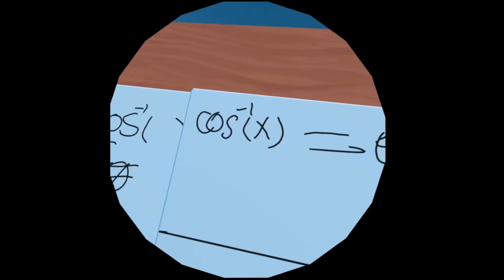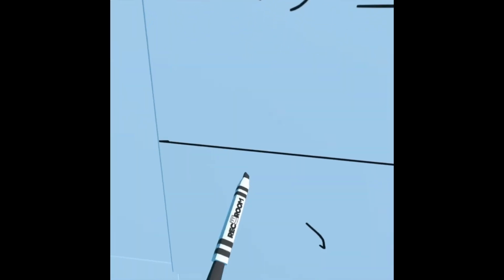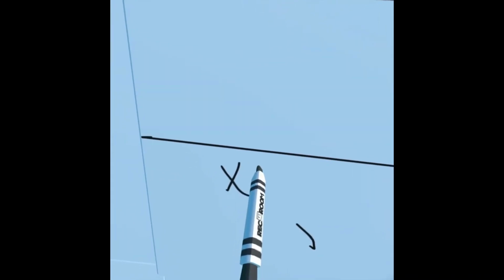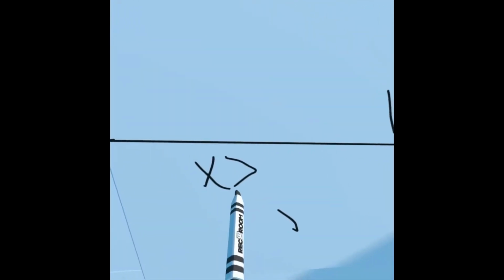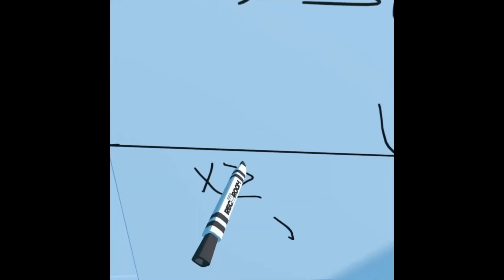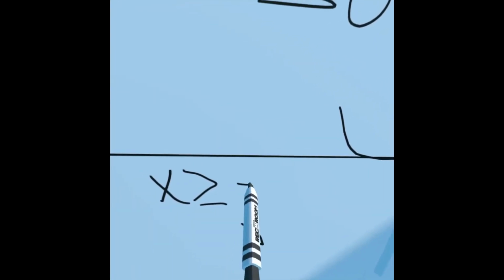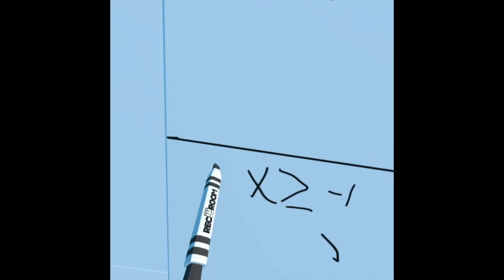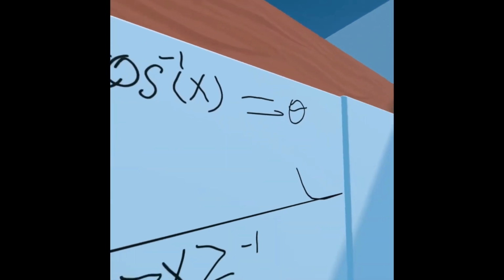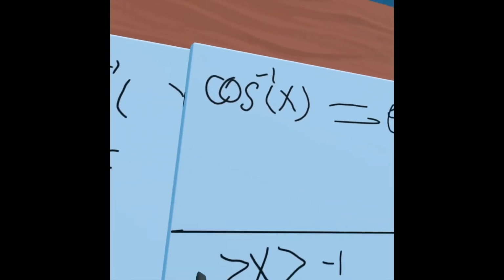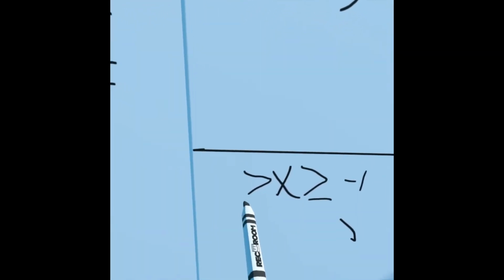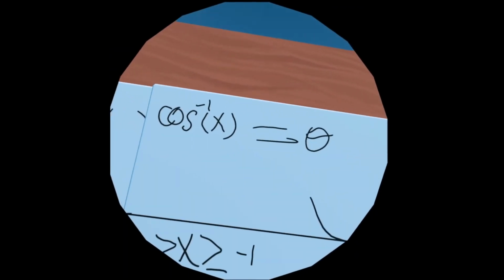Practically speaking, in terms of arcCosine, x can be greater than or equal to negative 1, and x can also be less than or equal to positive 1. So that's its range, right?